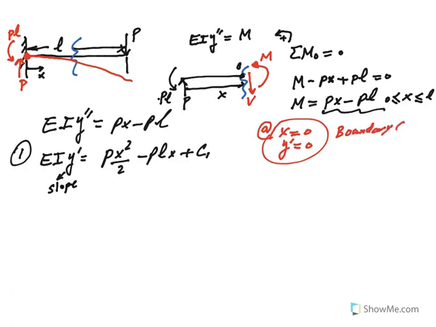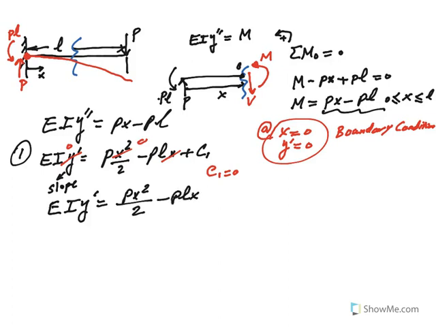So we need boundary conditions in order to figure out our constant of integration. So if this is 0 and x is 0, therefore C1 becomes 0. So the equation that represents the slope, EI y prime, is Px squared over 2 minus PLx, and C1 is 0. So this is the equation of a slope.